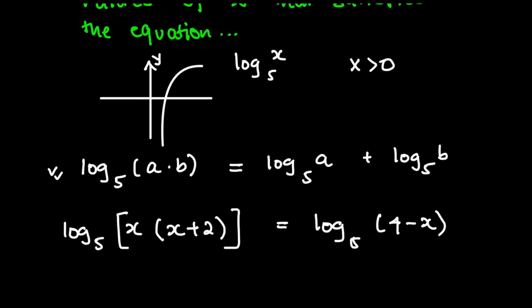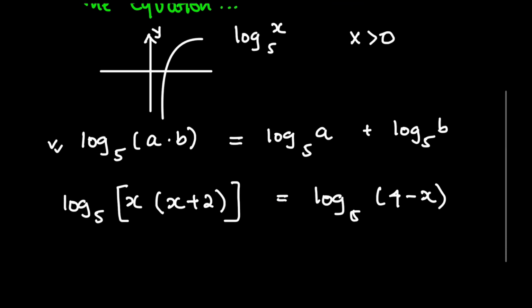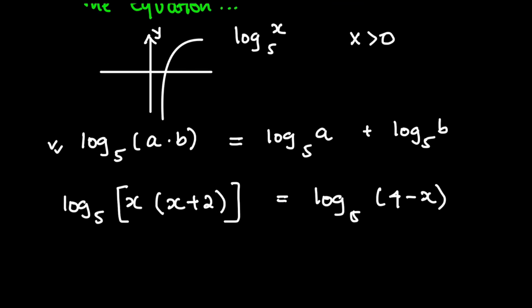At this point, we have logarithms base 5 which are equal to each other. So we are going to equate what is within, because this is log base 5, log base 5. It boils down to the fact that x times x plus 2 equals 4 minus x.